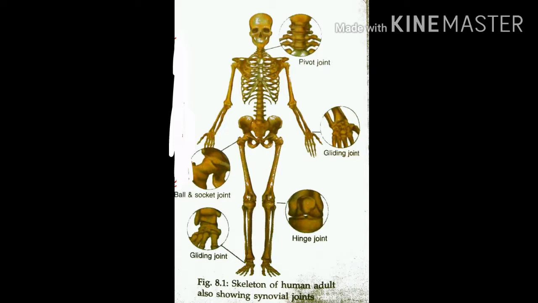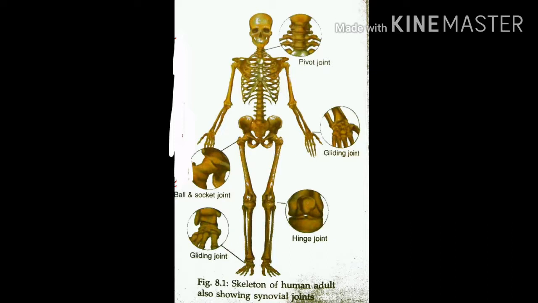They are also called fixed joints. They are found at places where protection is the main function of the bones. For example, the bones of the skull. The skull is the best example for immovable joints.